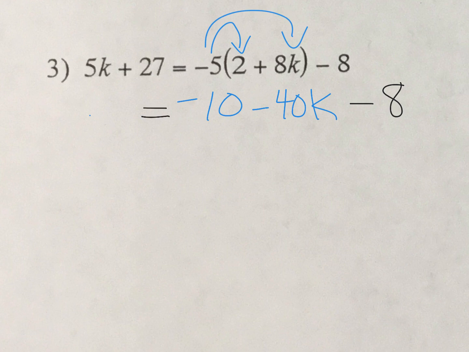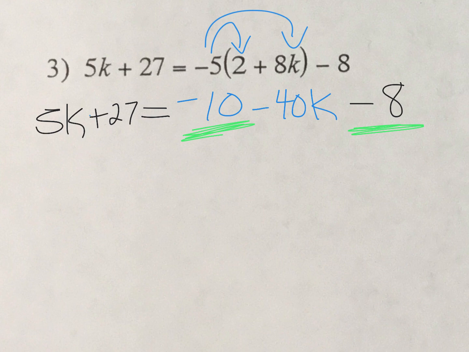Now I'm going to bring down the left side of my equation. So 5k plus 27. And so now that I've got everything out of the parentheses, now I can put some like terms together. So this negative 10 and the negative 8 are on the same side of the equal sign, and they're like terms, which means that I can put them together.